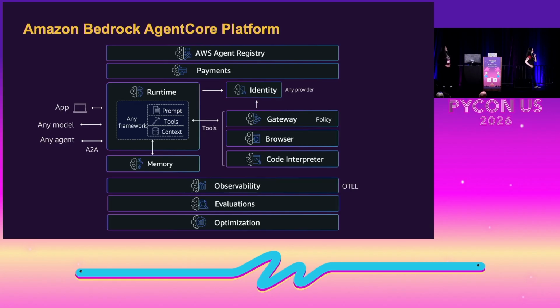And the memory is another piece of Lego that you can use with the runtime or without the runtime. And you can call this memory as an API call. And when I say memory, I'm talking about short-term memory and long-term memory. Long-term memory is a built-in vector database that is completely managed for you.